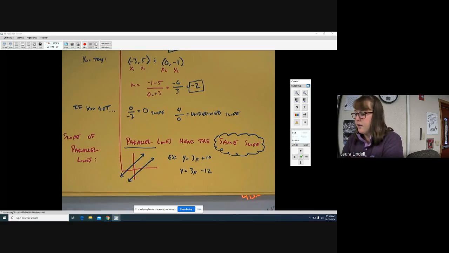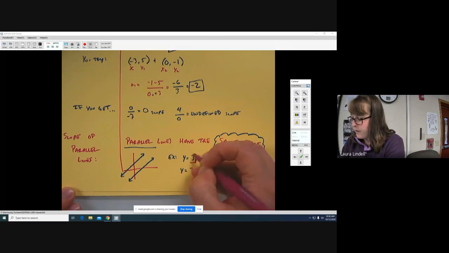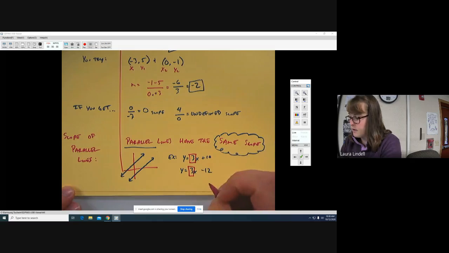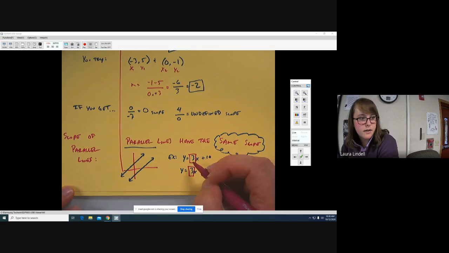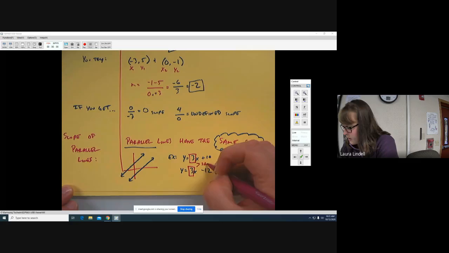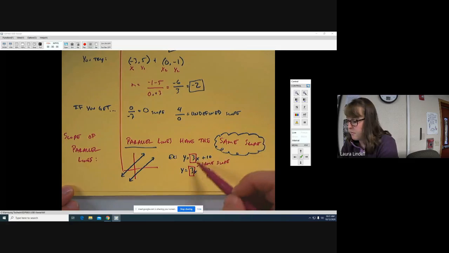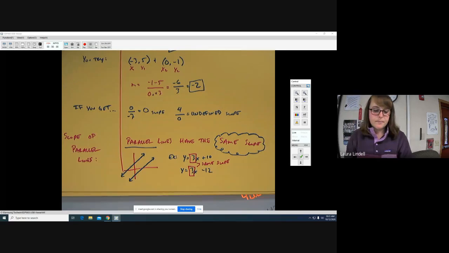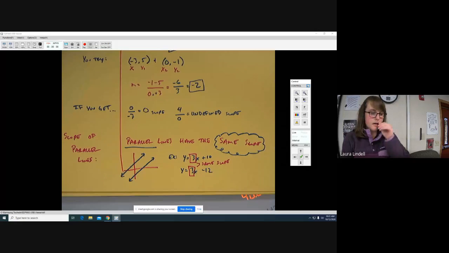So if m is the slope, the number next to the x is your slope. If your lines have that same number for the slope, then they would be parallel. So these two lines would be parallel because they have the same slope. Okay, so that's parallel lines. Give everyone a moment to finish writing, and then we're going to talk about perpendicular lines.